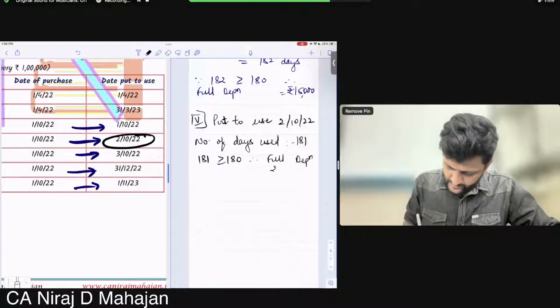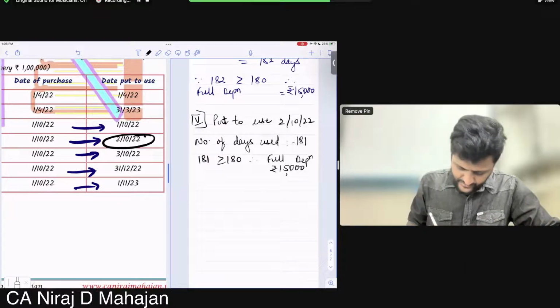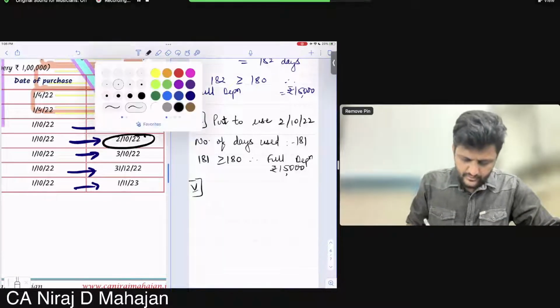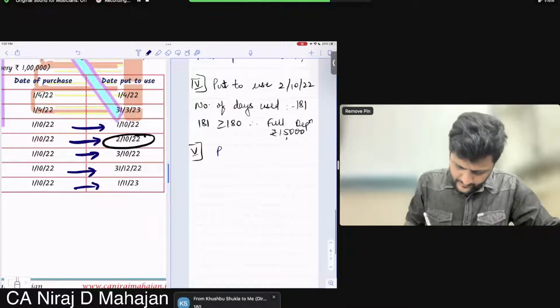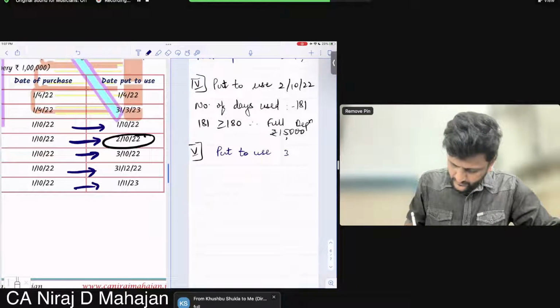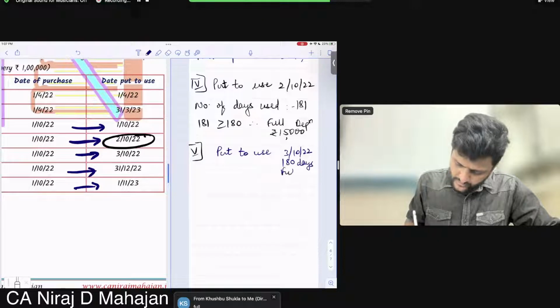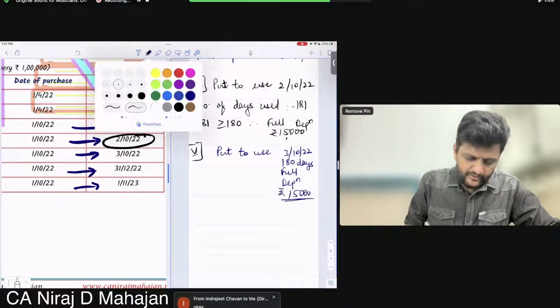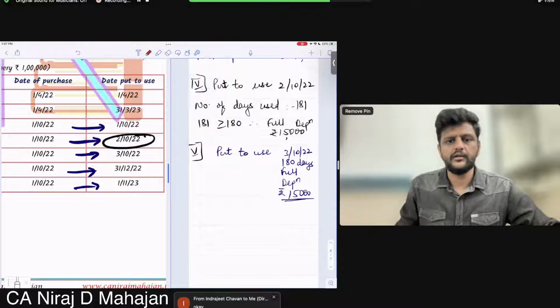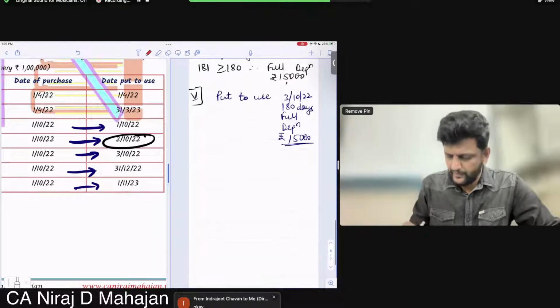Rupees 15,000. Case 5. Use 180 days. Still full depreciation. Is it okay? Rupees 15,000. So what did you understand? Because this you can now learn by heart. The cutoff date is now what? 3rd October.